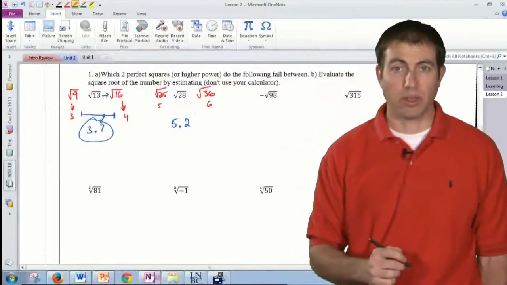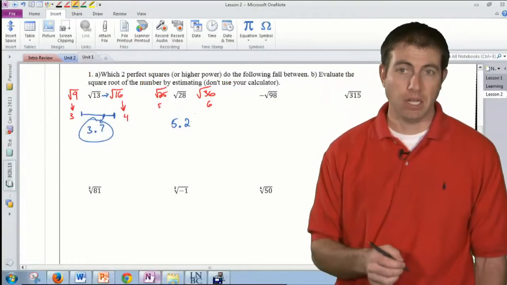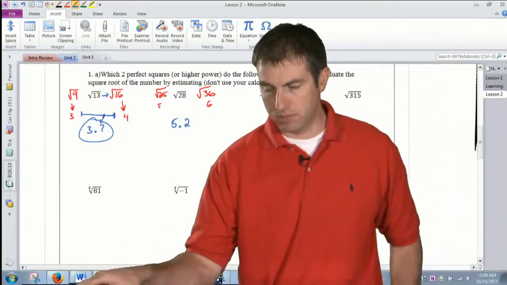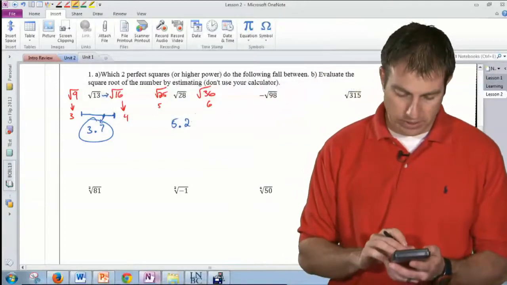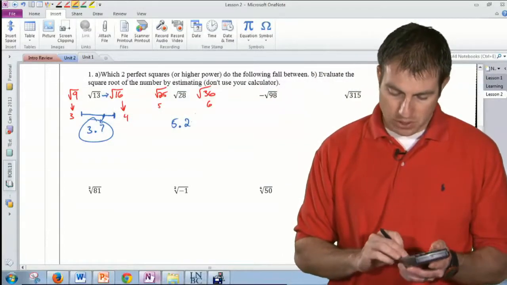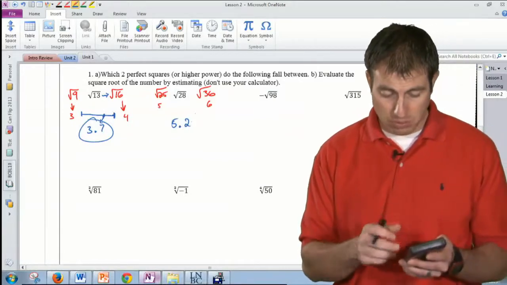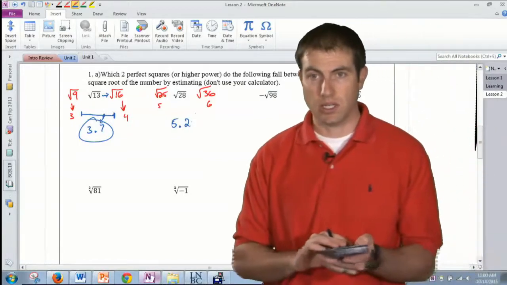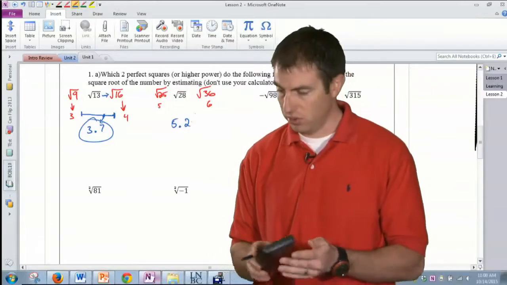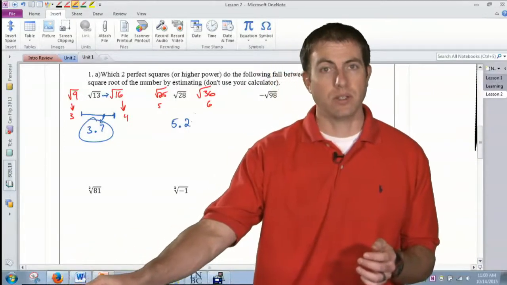Taylor says 5.3. I don't know. What is it? Let's figure it out, again just to see how close our estimate was. It was 5.29. So 5.3 was a pretty good guess. 5.29 was the actual value.